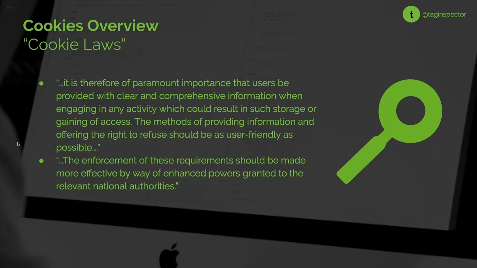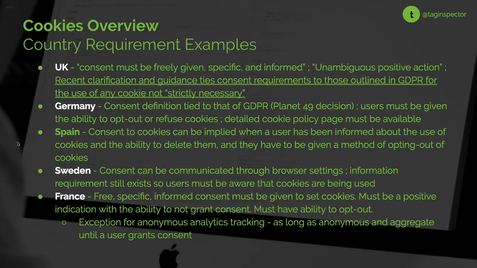A few requirement examples here. As mentioned, it is country specific at this time. They're still working on a general e-privacy regulation that is meant to codify these requirements across all of the different European member states. But just a few examples here.